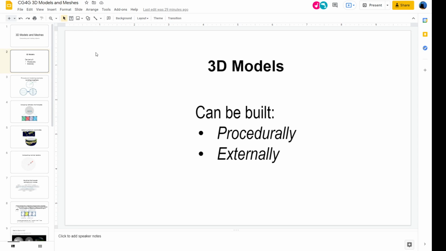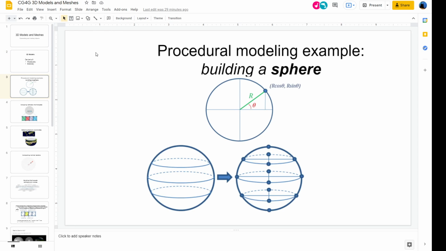Or you can build models externally and have some method of importing them into your program. Lots and lots of different ways to do that. I'll provide some so you don't have to create your own models. You're probably going to want to use one of two formats, but we'll talk about that in a second.